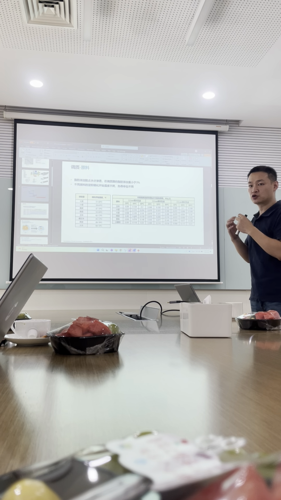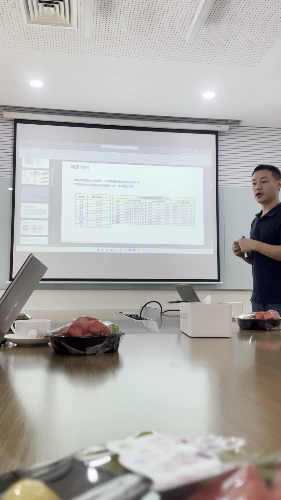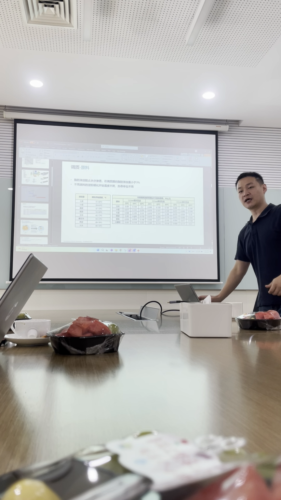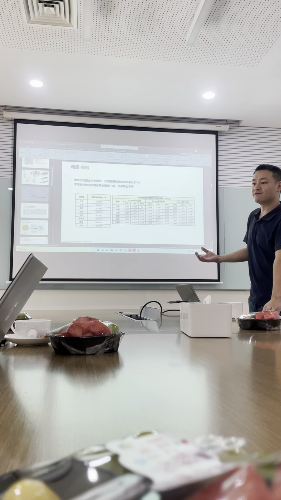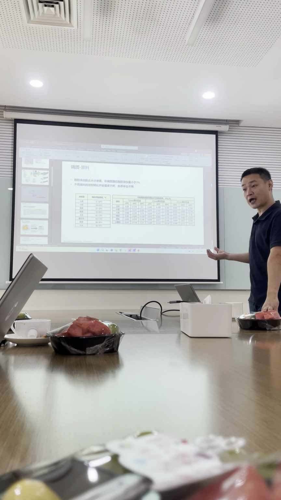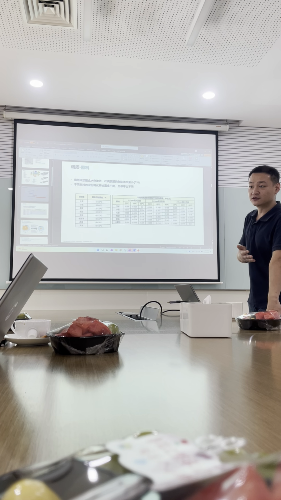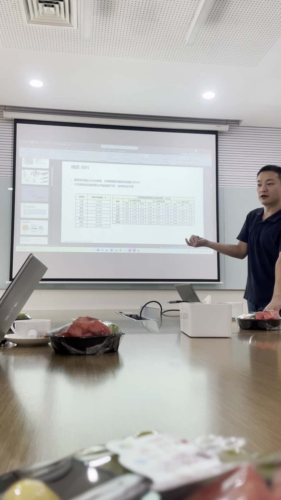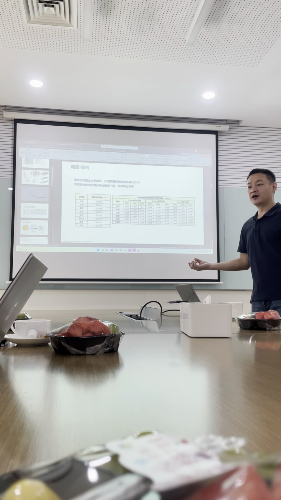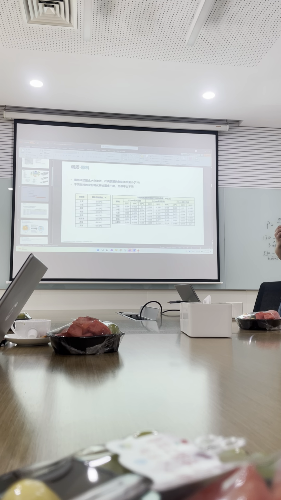Uniformity, steam penetration, water penetration. But for pet food, we know that we don't have as many ingredients as aqua feed, and for human food, even just a single ingredient. So we don't need time to get a uniform penetration of steam, right?